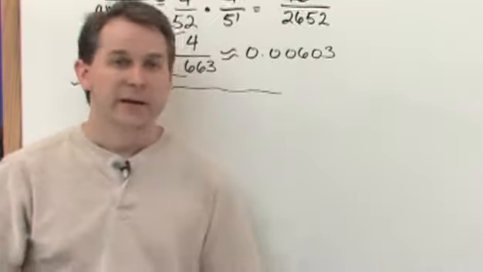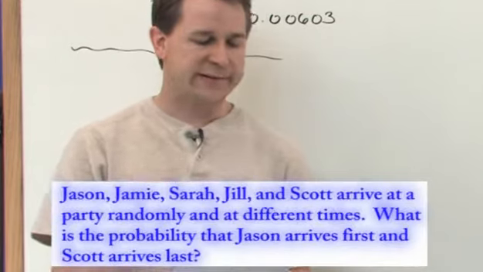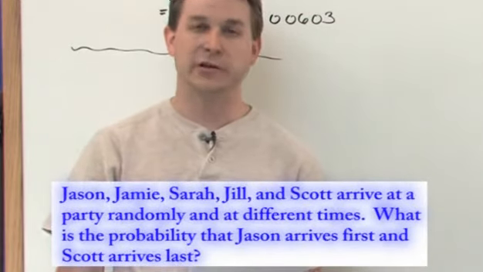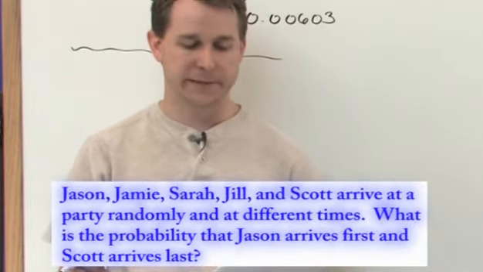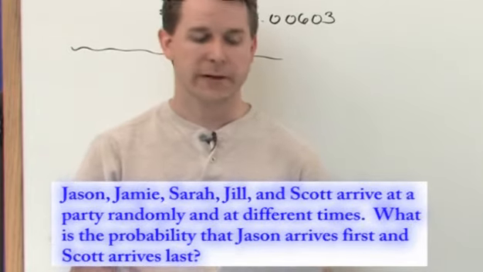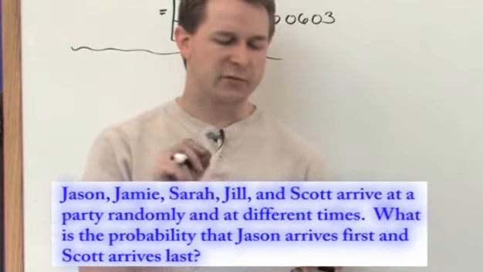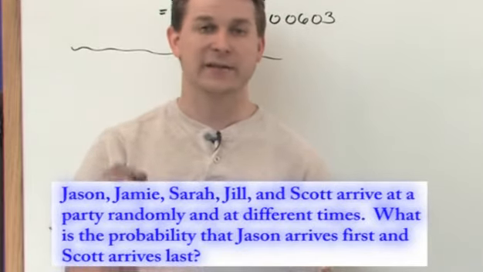Okay? The next problem says, Jason, Jamie, Sarah, Jill, and Scott, 5 people, arrive at a party randomly and at different times. What is the probability that Jason arrives first and Scott arrives last?